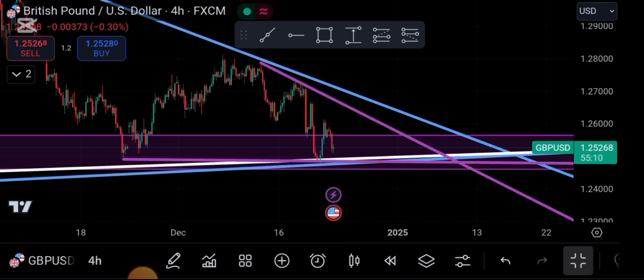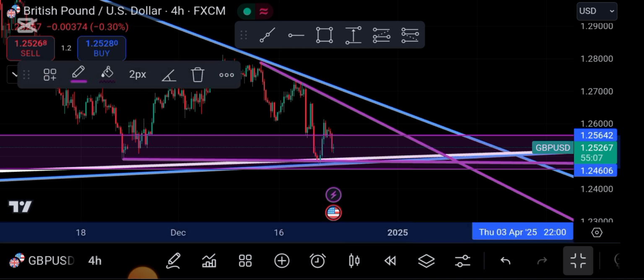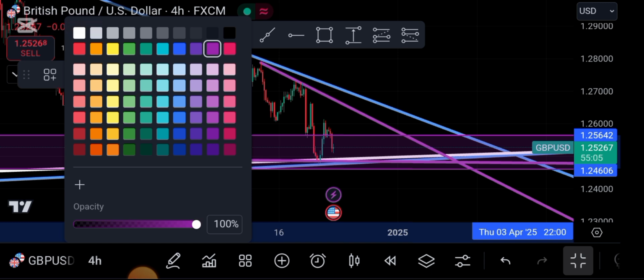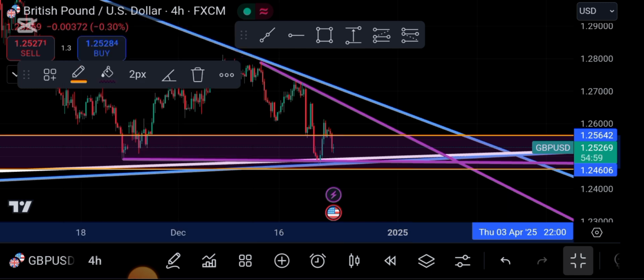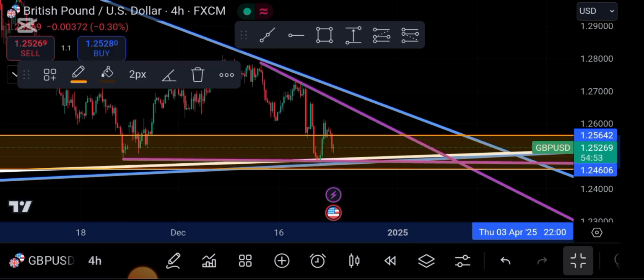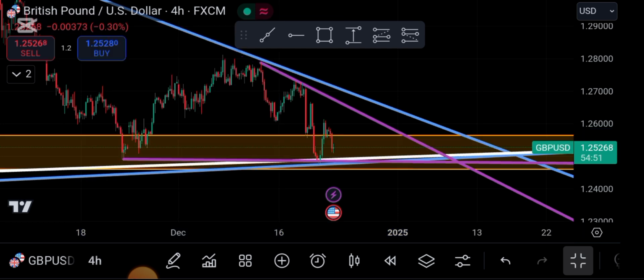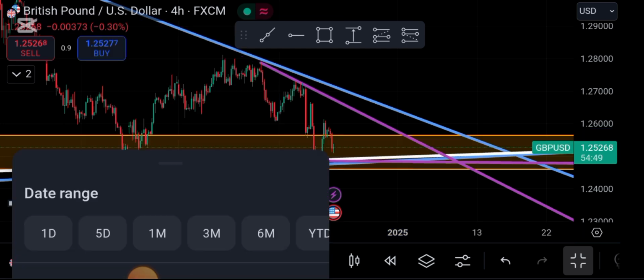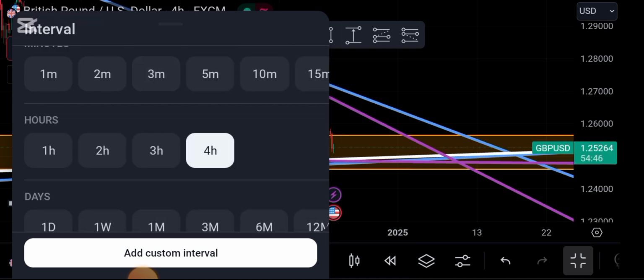Guys, I need to change the color of this because now I can't see anything. I need to change the color of my support and resistance line to maybe green. Yeah, I'm going to probably make it orange. The whole thing, let's make it orange. Yeah, it's better.